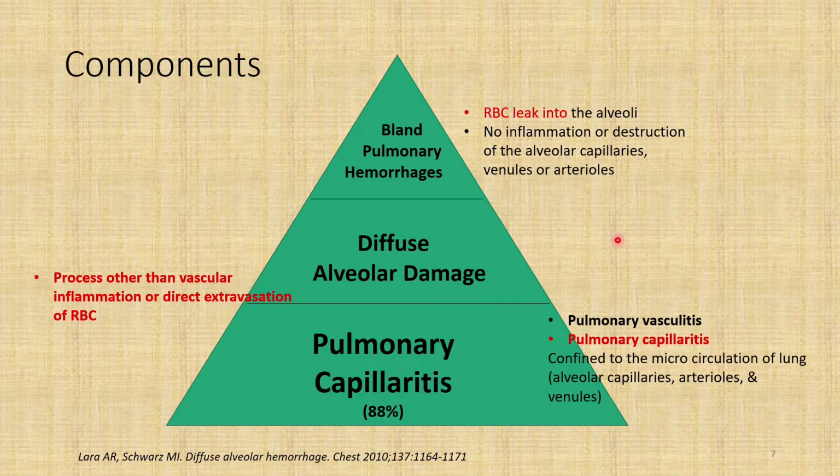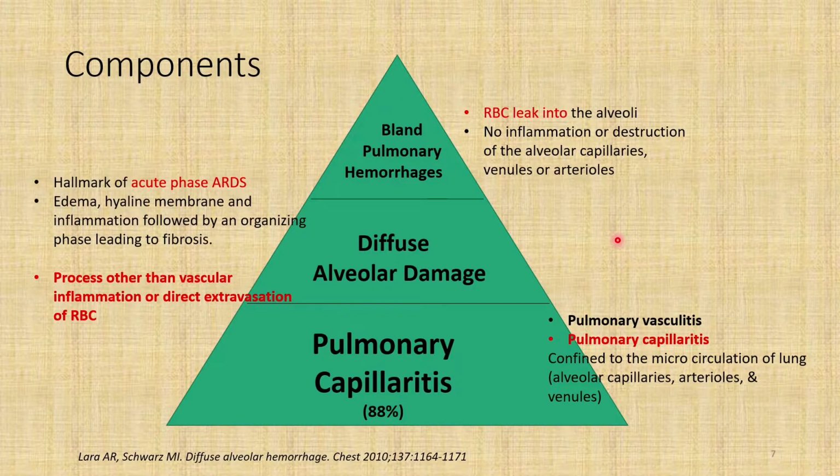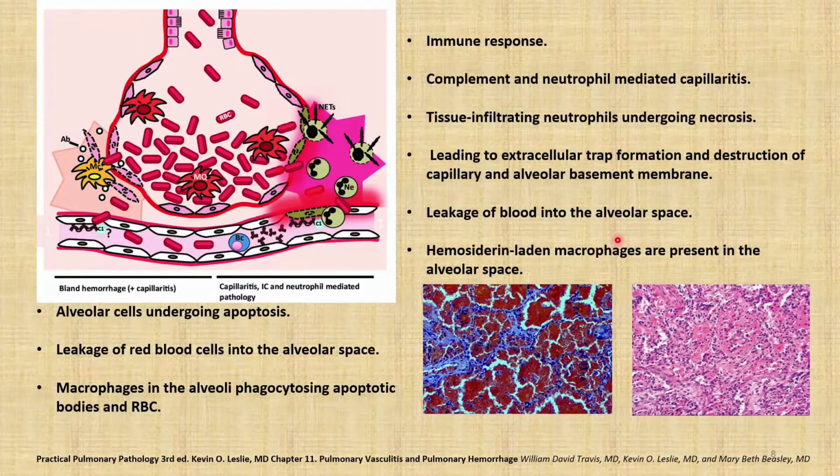In DAD, the pathology is a bit different. There's no inflammation or extravasation, but the hallmark of the pathology is ARDS, where in early ARDS it's edema and hyaline membrane formation, leading to organization and fibrosis. This is a simple diagram to illustrate the pathophysiology.